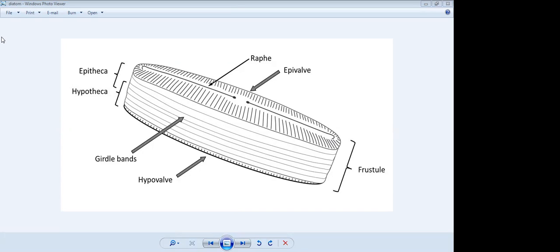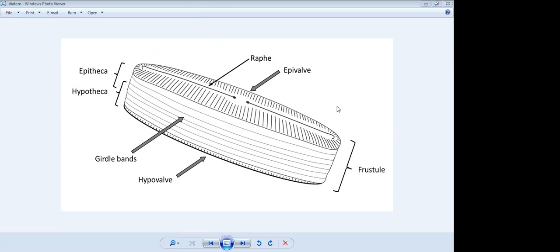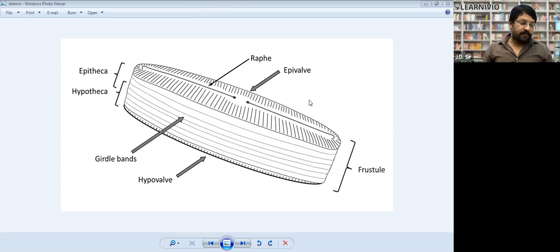Clear to everyone? Yes, sir, could you please explain this one? Which one? The structure of diatom? Yes, sir. Okay, fine. Look up here. This is the shell of diatom. It looks like a tiffin box. Suppose this is a tiffin box. The diatom shell looks like this one. The tiffin box has two parts, the lower base part and the upper lid part. The lid part we call epitheca, the upper part, and the lower part is called hypotheca.